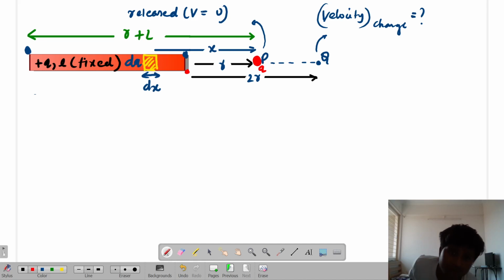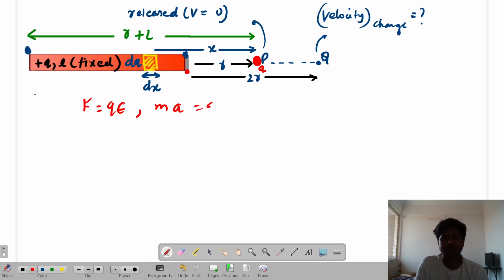Of course, you have to use the work done. Whenever the concept of velocity and energy comes, use the formula of work done. That's easy for us or not? Okay, so you can use force also: you can find the force, and force is equal to Q into E, and force is mass into acceleration, which is Q into E. Here the velocity will vary over here, right or not?